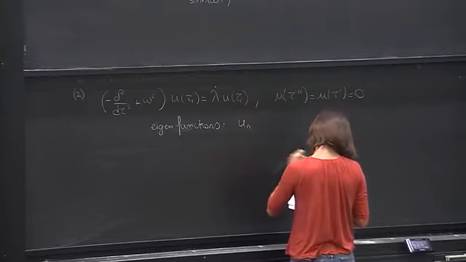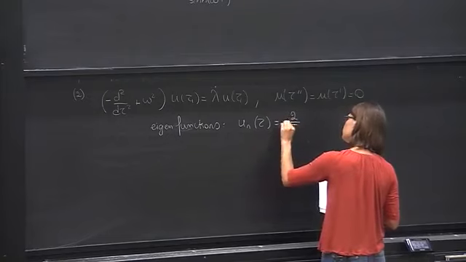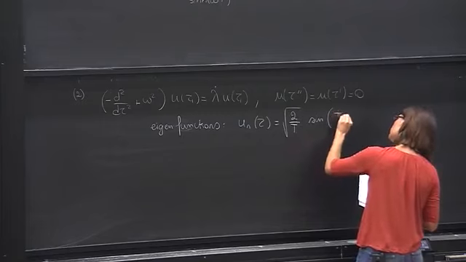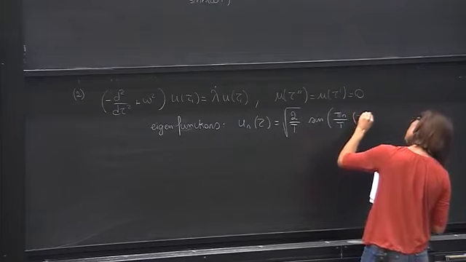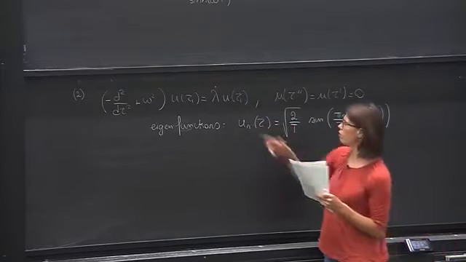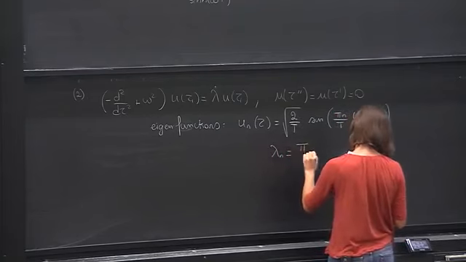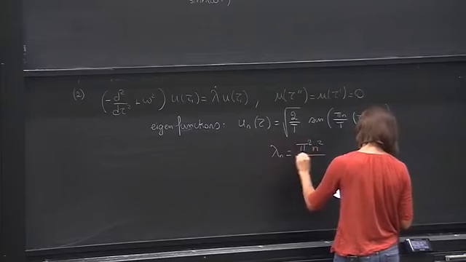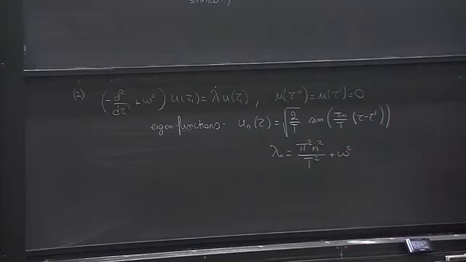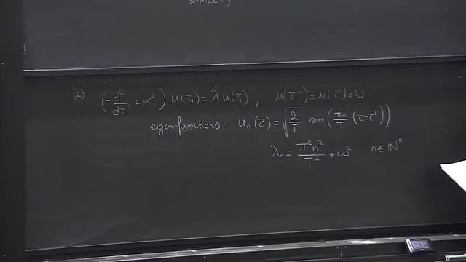And you can check that indeed the boundary condition is satisfied, and if you plug this solution into this equation, you get the value for lambda, which is just, where here n is any integer different from 0.